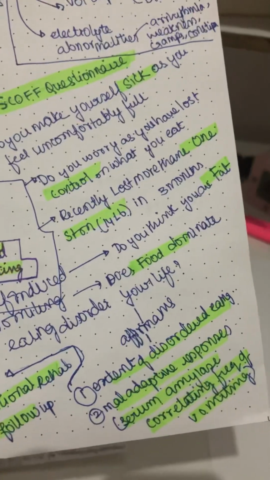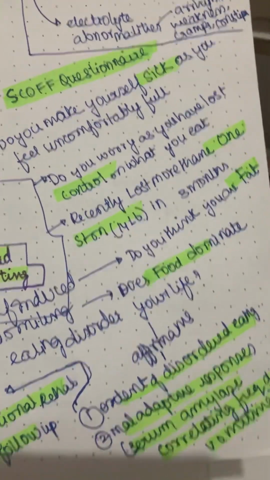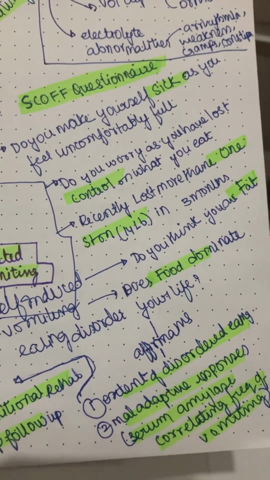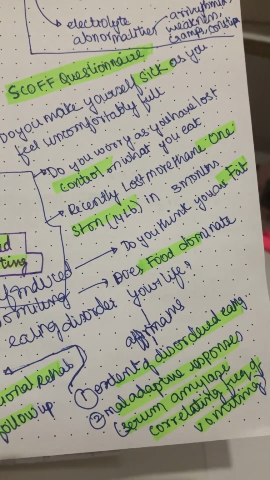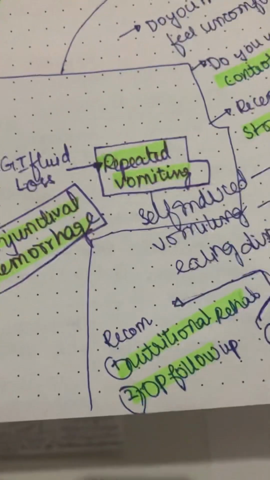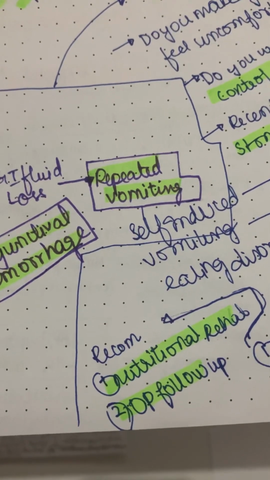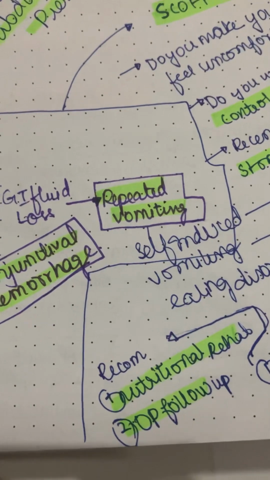If yes to this questionnaire, then you check for the extent of disordered eating and maladaptive responses, like serum amylase correlating with the frequency of vomiting. Recommendations are nutritional rehabilitation and outpatient follow-up.